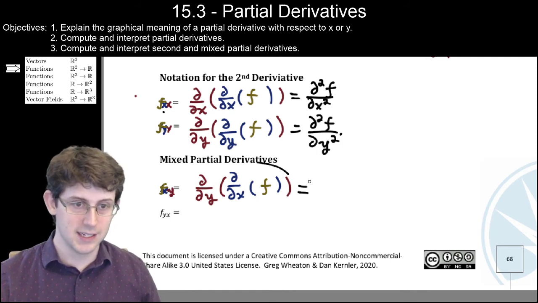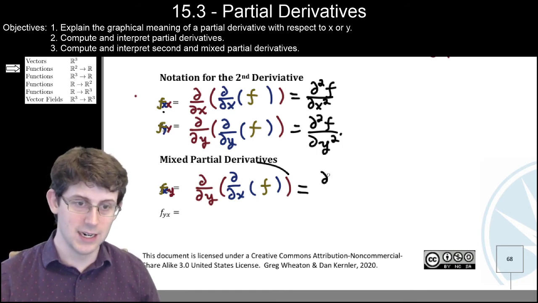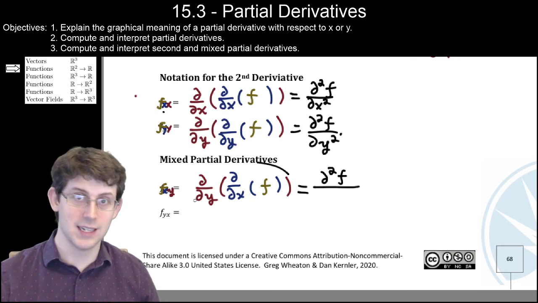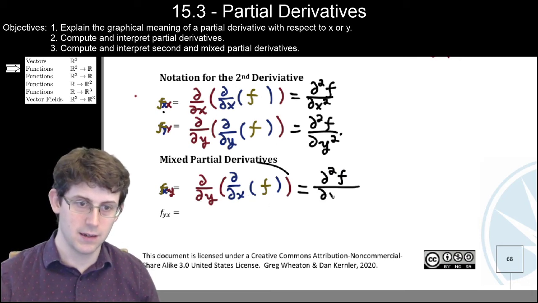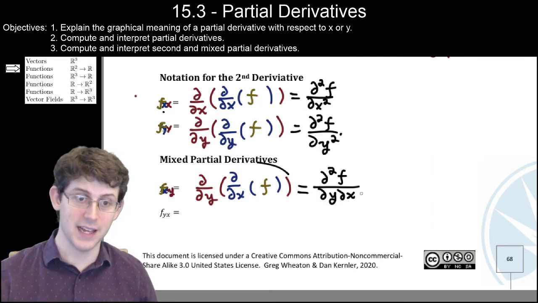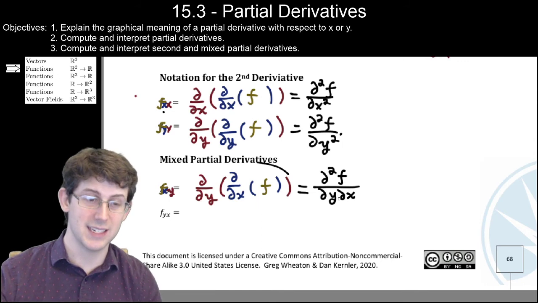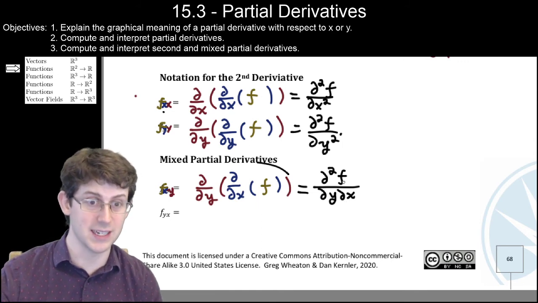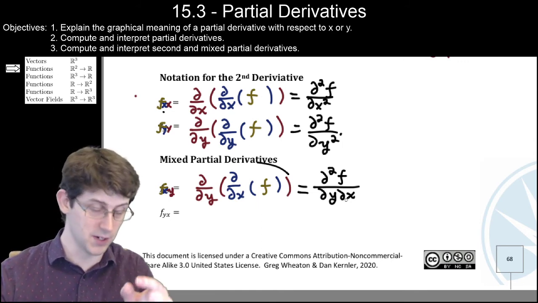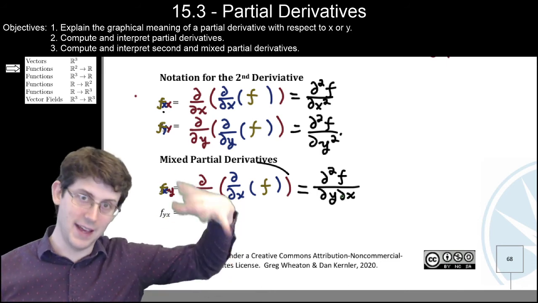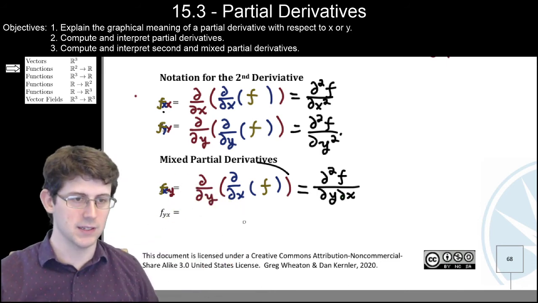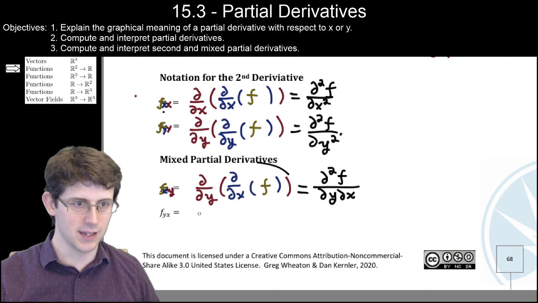When you read all this, there's two partials in the numerator and an f. And then when I read it in this order, it says partial y, partial x. Here, if you had to evaluate this object, you would say that the partial x is closer to f, so you'd do the x partial derivative first, and the y partial derivative is on the outside of that. Similarly, this one, I'm not going to do the color coding again.